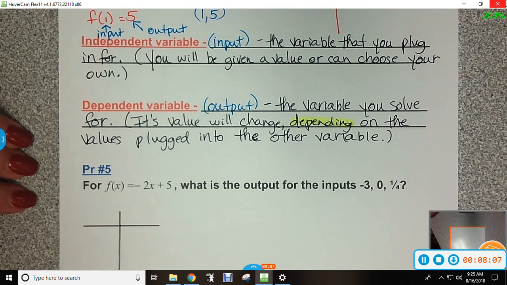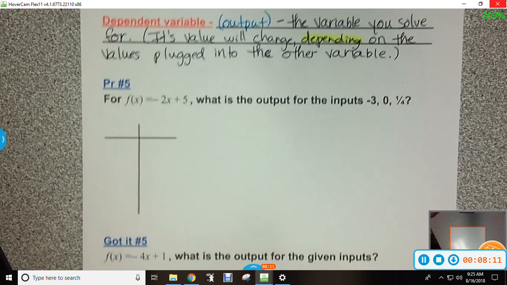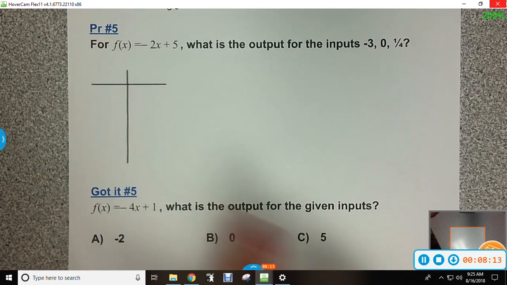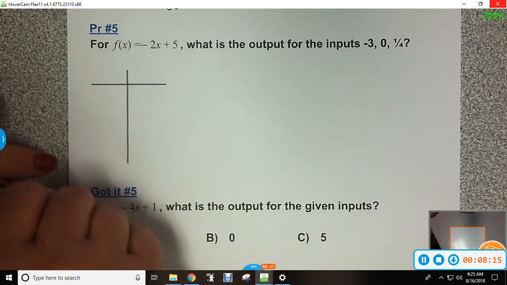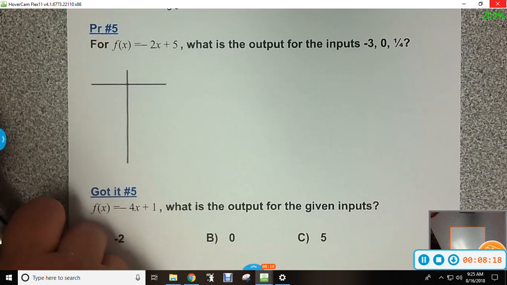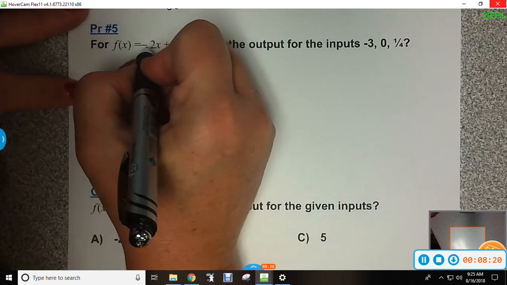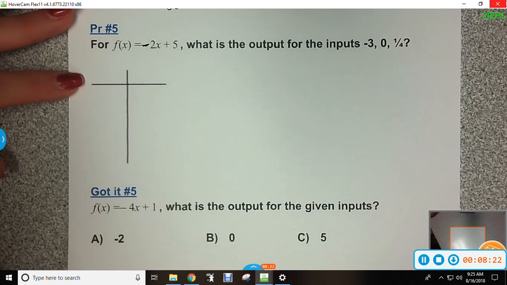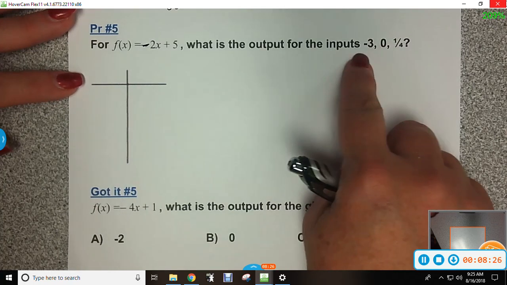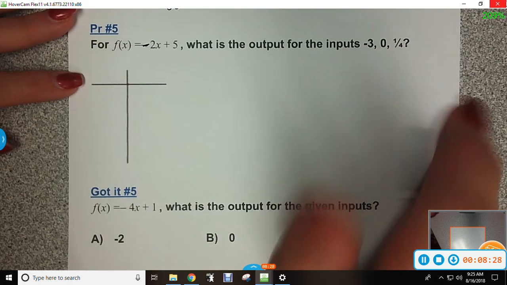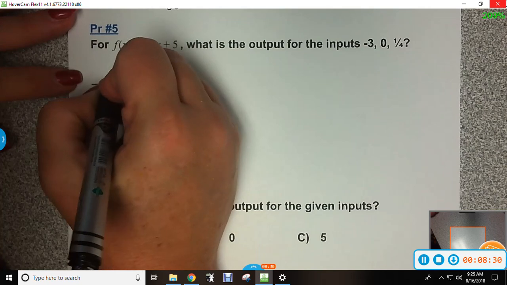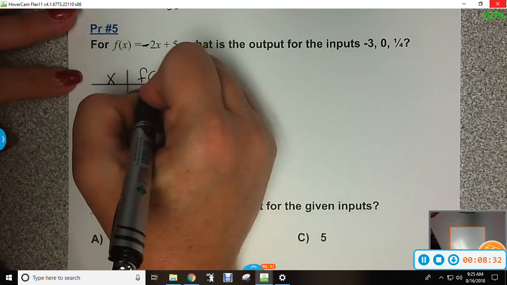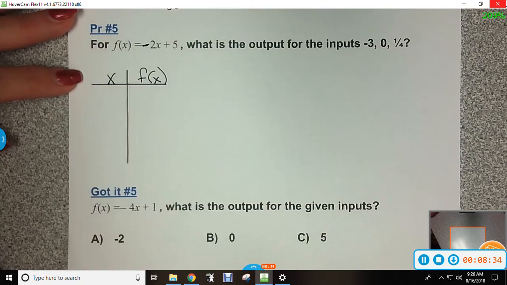Alright, so problem 5. Here, they give me a function, it's in function notation, for f of x equals negative 2x plus 5. What is the output for these inputs? So I'm going to plug numbers in for x. This is what I'm going to get out of it.